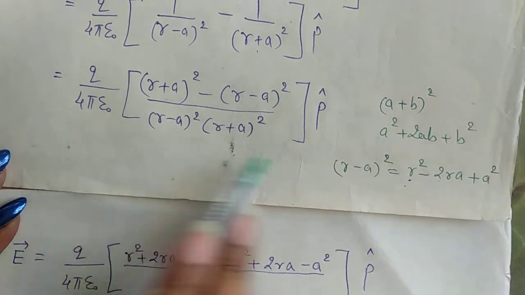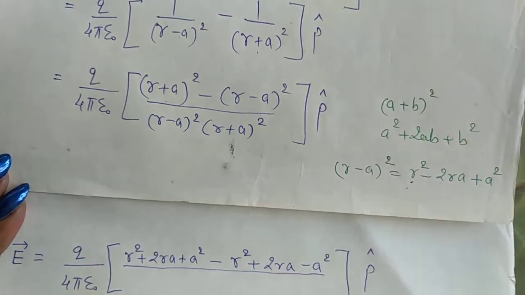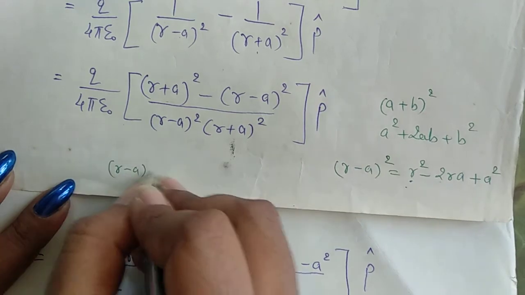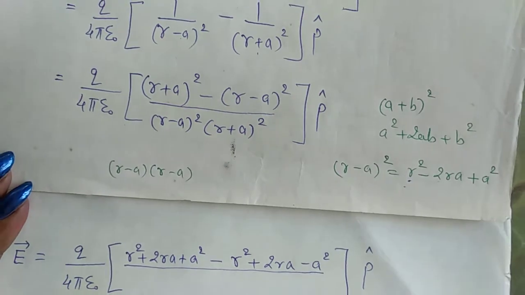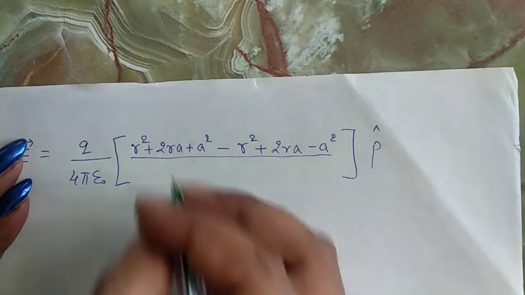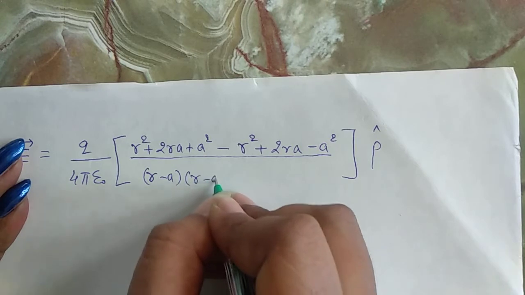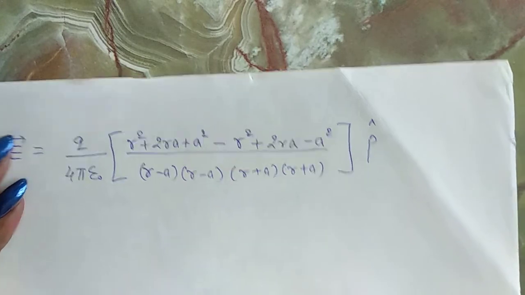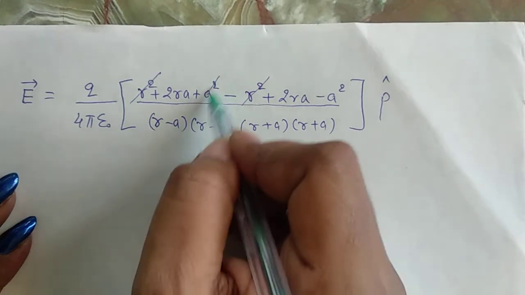Now just see our denominator. You all know this formula also. So instead of this (r minus a) whole square, I'll be writing (r minus a) into (r minus a), and instead of this (r plus a) whole square, I'll be writing (r plus a) into (r plus a). Now if you see the numerator, all these values will get cancelled.